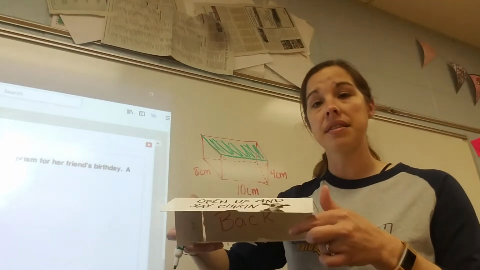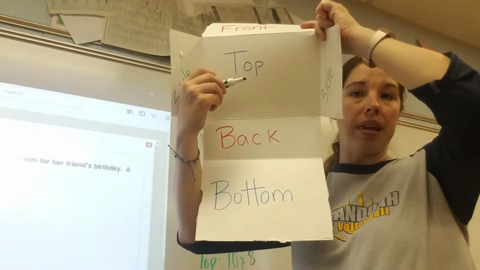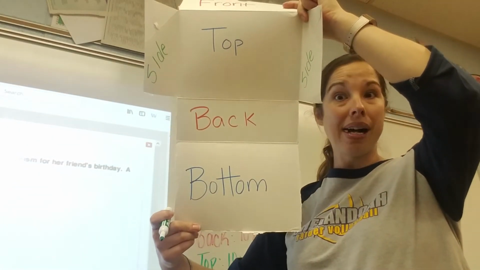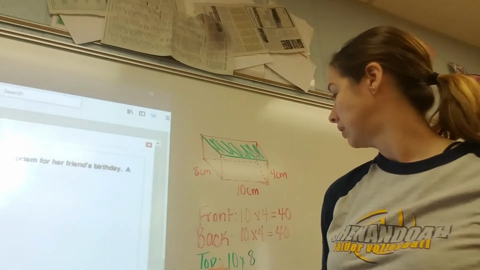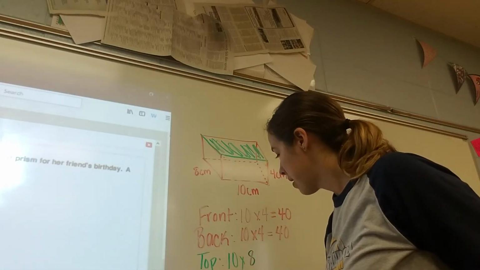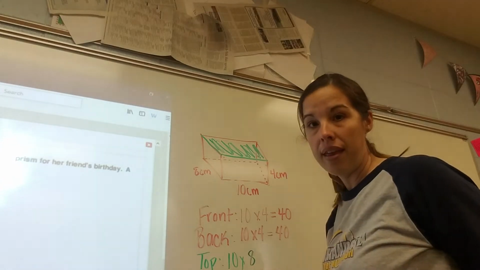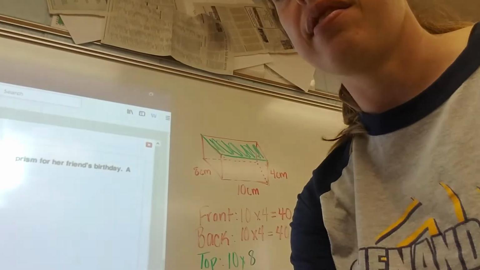If I go back to front, top, back, bottom, if my top is 10 by 8, guess what? My bottom is 10 by 8 as well. So then I have my bottom, which is 10 by 8. Let me move this down a little bit.